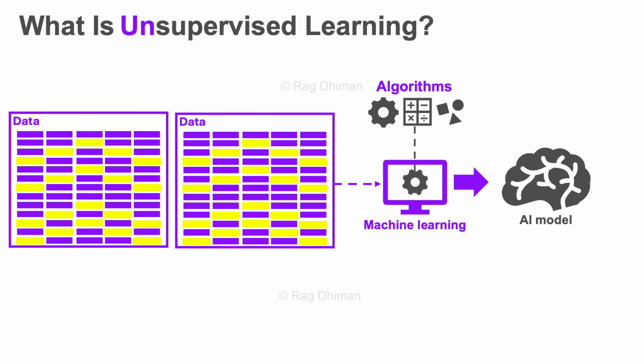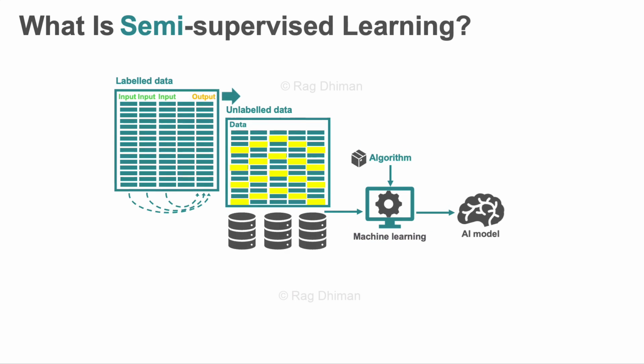With semi-supervised learning, as the name suggests, we employ a hybrid approach that combines elements of supervised and unsupervised learning. We can utilize both labeled data and unlabeled data to train our AI model. At the same time, we can leverage the advantages of both techniques.